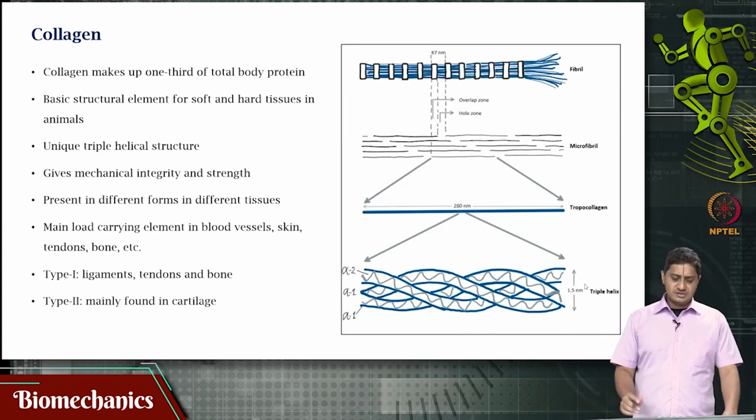So, collagen is one of the most abundant proteins in the body. It is present throughout the body, practically everywhere. It makes up about 1/3 of the total amount of protein in the body. It is the basic structural element for both soft tissues and hard tissues.